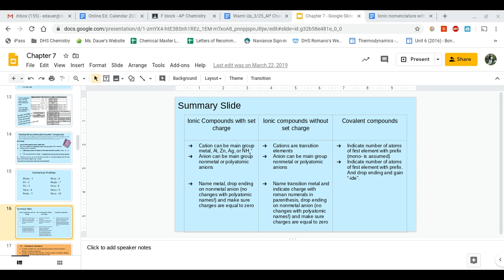We said aluminum is that 3+. It's the third column of your main group elements, and it has that 3, 2, 1 decreasing kind of image on your periodic table. So we have ionic with a set charge, and then we have ionic without a set charge. That's thinking about the transition metals. Every other element on the periodic table, because it has more than one ion that could form, you have to either infer it from a formula or report it back using nomenclature.